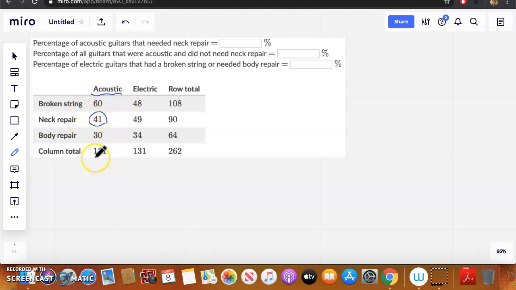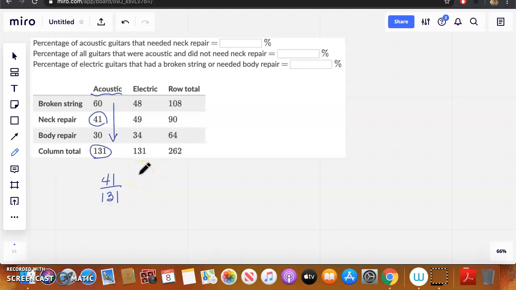So out of a total of 131, because we're reading down, right, for acoustic. So out of a total of 131 guitars, 41 of them needed neck repair. So that would be 41 over 131, correct?